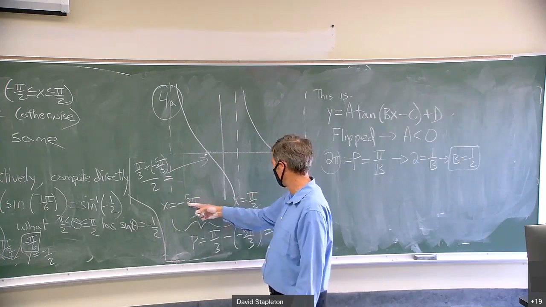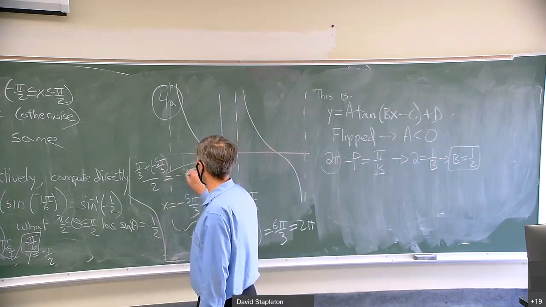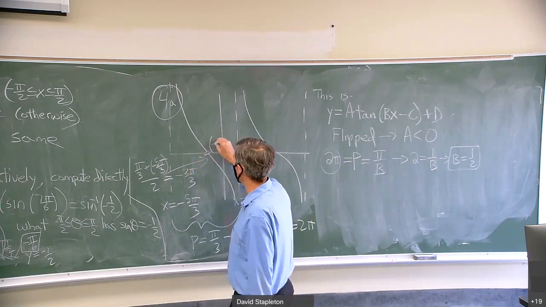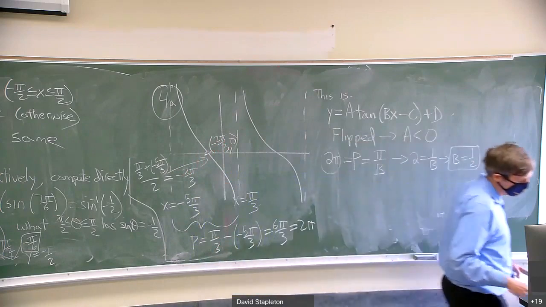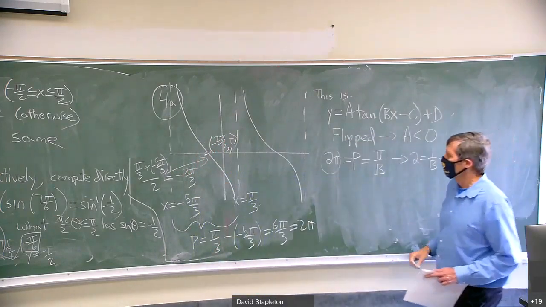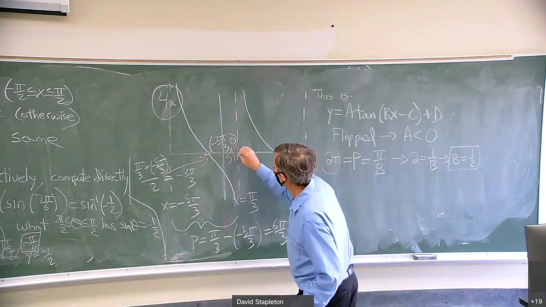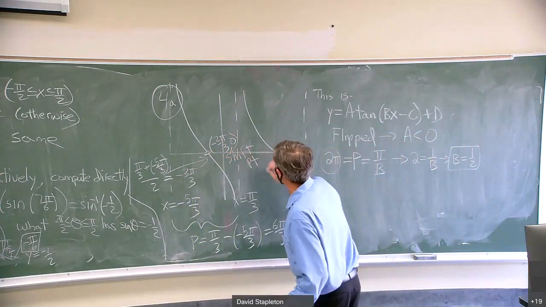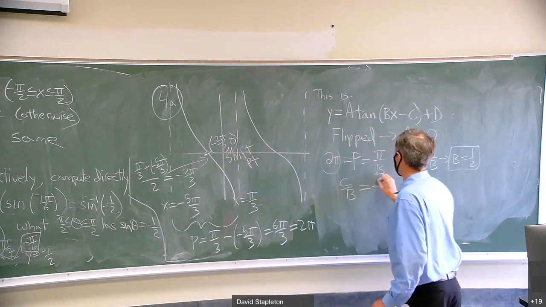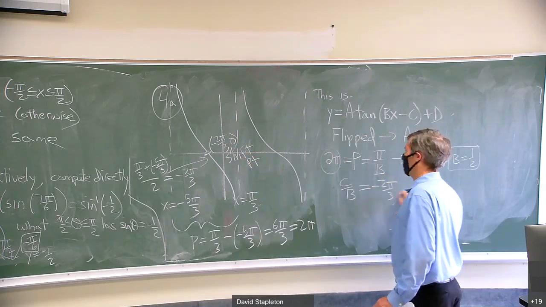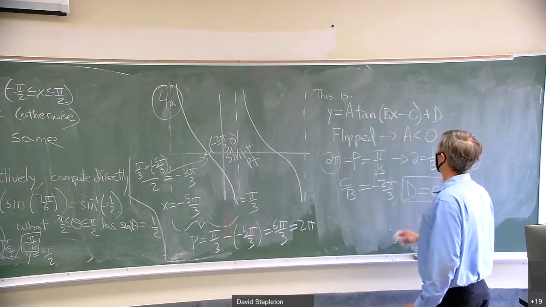And it goes through 0, so the point is minus 2 pi over 3, 0. And so now, from the shift point, we deduce that C over B, the horizontal shift, is minus 2 pi over 3, and D, the vertical shift, is 0. There's D equals 0.